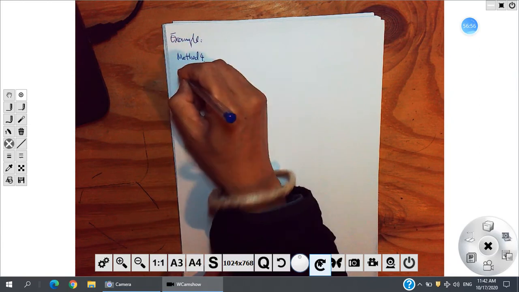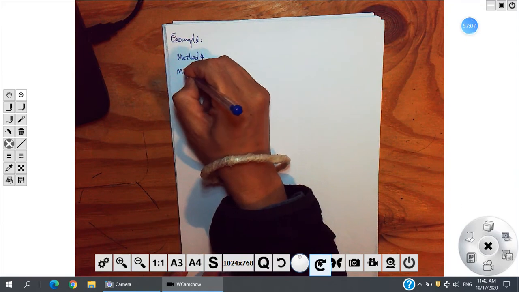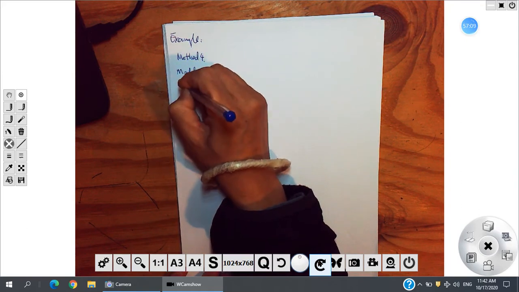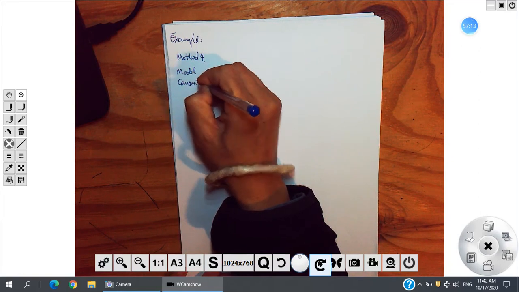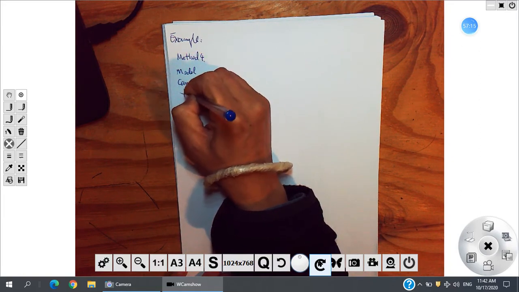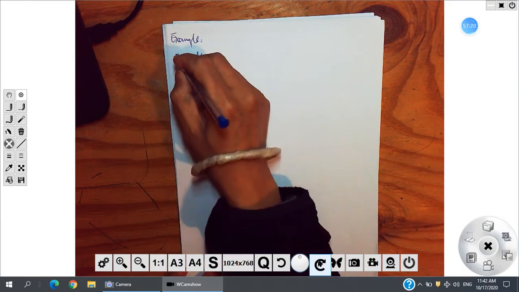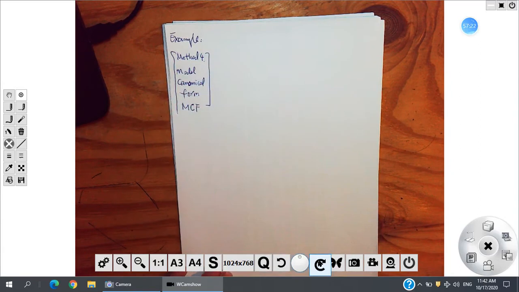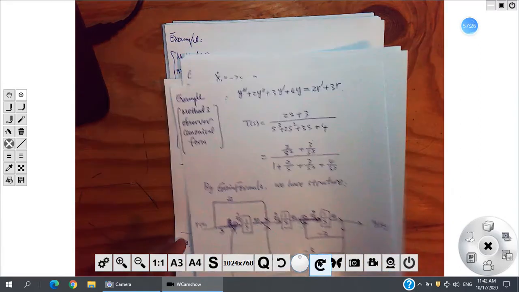We call this the modal canonical form, MCF. The observable one is OCF, which was method 3.